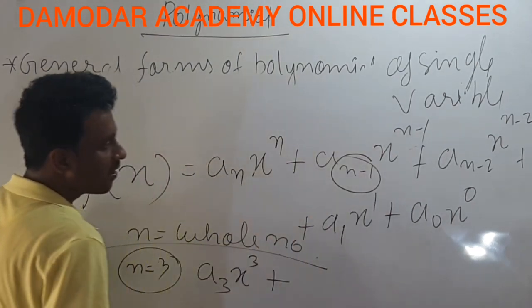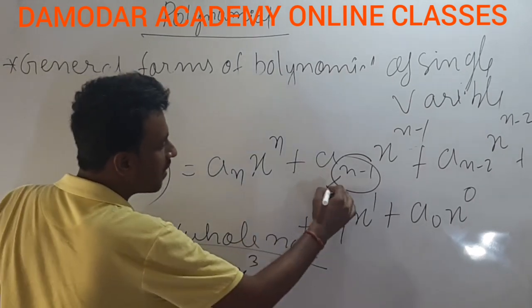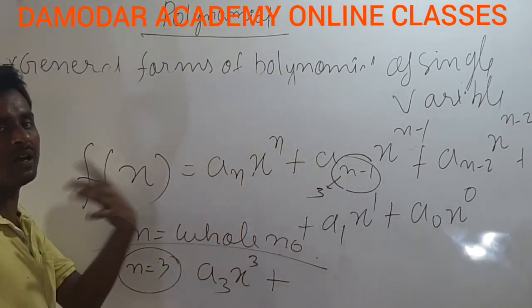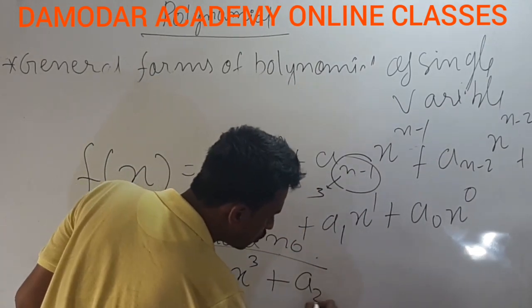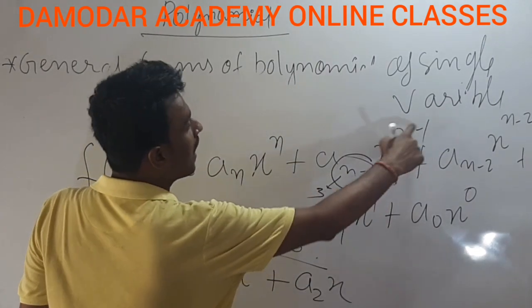n minus 2 है और n क्या है 3, क्योंकि हम लोग क्यूबिक पॉलिनोमियल बना रहे हैं. n क्या है 3, 3 minus 1 is 2, क्या होगा a_2 x to the power 2.